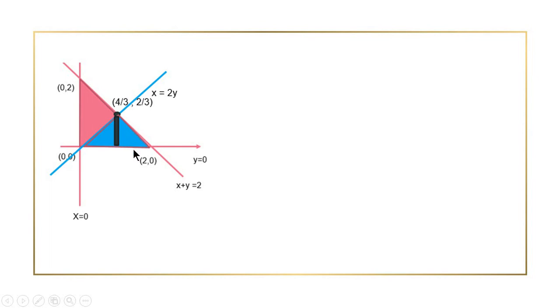That means we have to evaluate this integral and add, which seems to be very tedious. That is the reason we are not considering vertical strip, but we consider the horizontal strip.